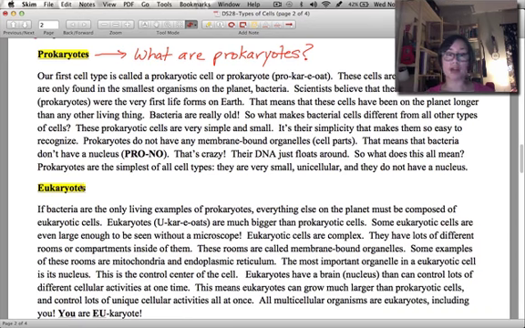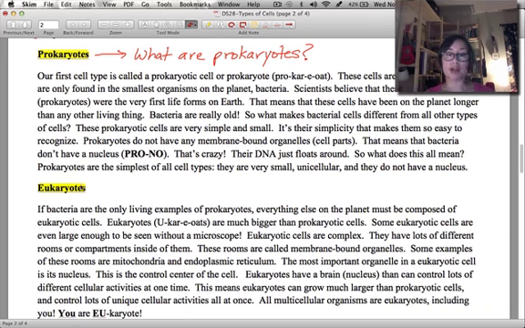Now let me go back and see if I can fill in some more information. The next thing that I highlighted said that the classification into these 2 groups is based on the types of cells that make them up. So the type of cell determines which category they're going to go into. So I'm going to do another little bullet right here.